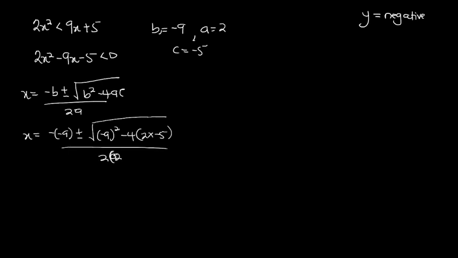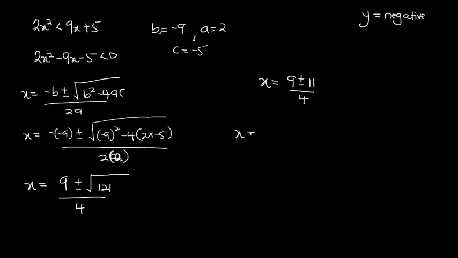The a is 2 here, so let me do that. So I have s is equal to, this becomes positive 9 plus or minus the root of, if you simplify everything we have under the bracket over here, you'll get 121, all divided by 4. Okay, so root of 121 is 11. So I have s is equal to 9 plus or minus 11 on 4.